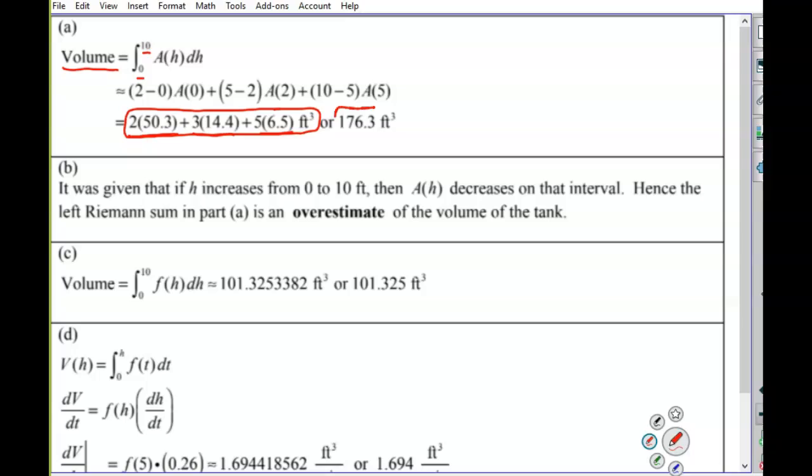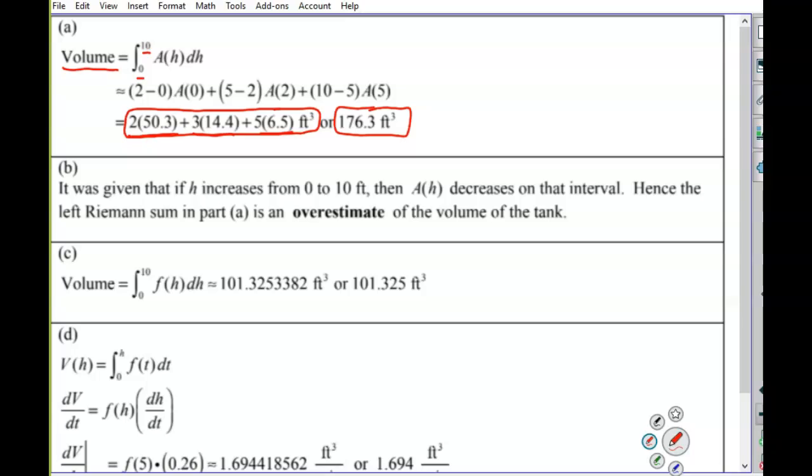Your final answer, if you did get to it, is 176.3 cubic feet. Rounding is important. If you didn't round correctly and you didn't get that answer, then you should, actually I'm going to check. Yeah, I got exactly that answer too. You got to be very careful just with how that's set up.